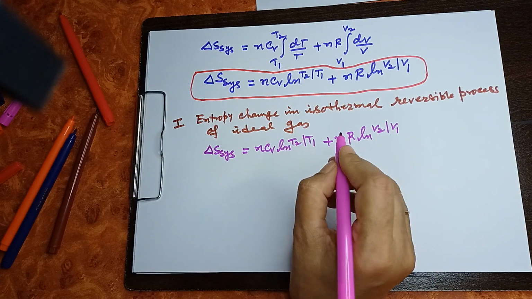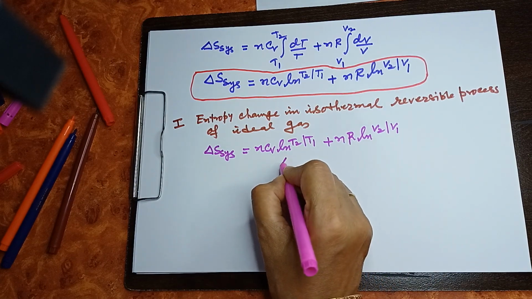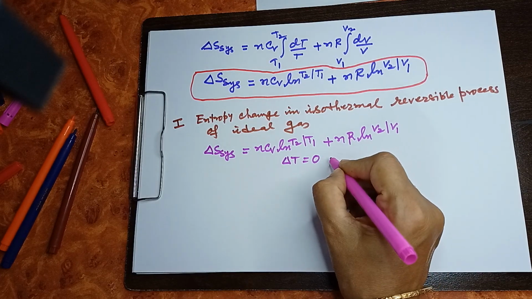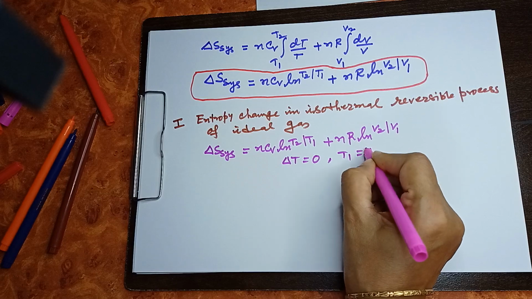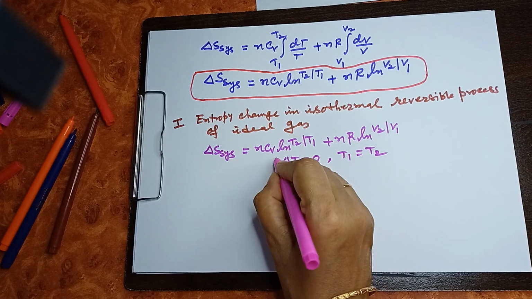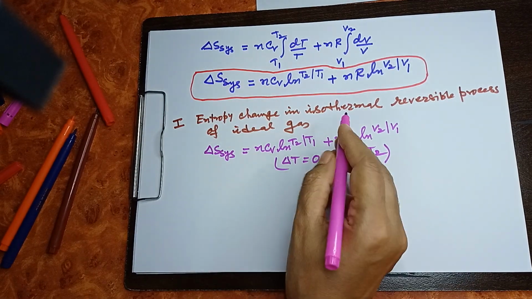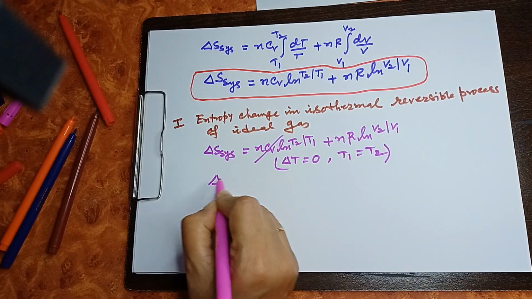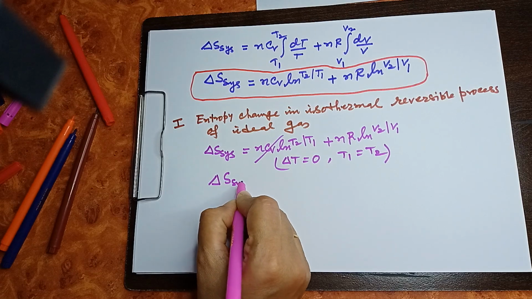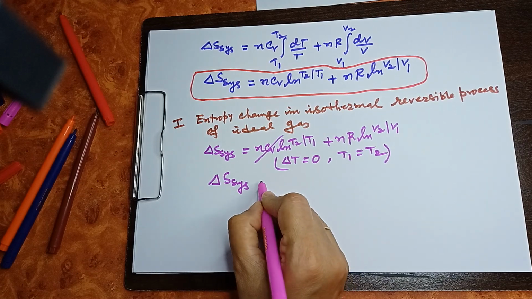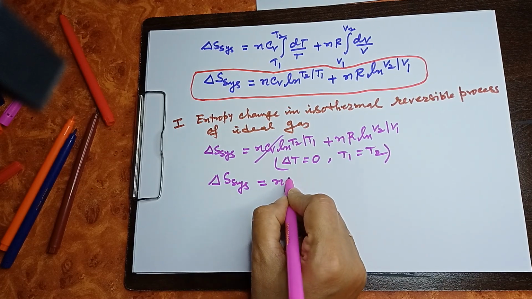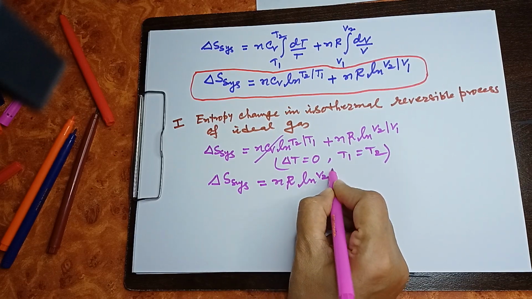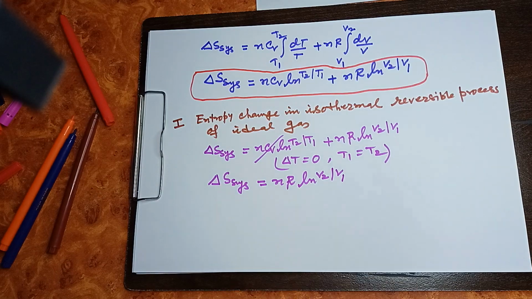Isothermal means temperature constant, that is delta T is equal to 0, or you can write T1 is equal to T2. That means this part is getting cancelled. So the entropy change of the system will be nR ln V2 by V1.